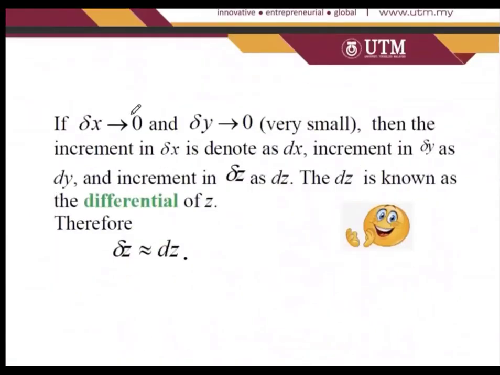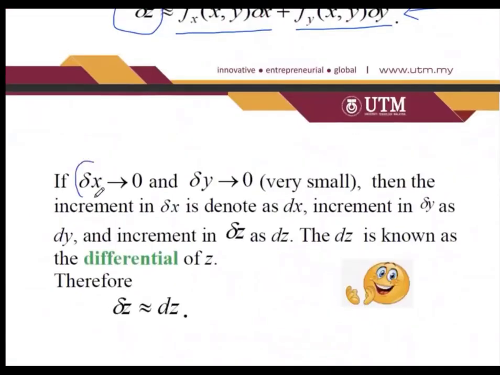After that, you have del x, which is the differentiation. Remember that we use limits, which means approaches close to. So del x is close to 0, and del y is close to 0, very, very small changes.